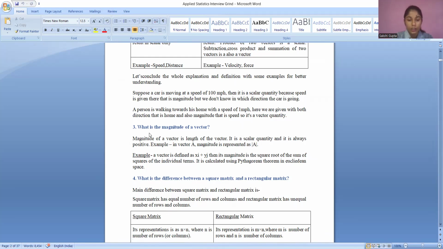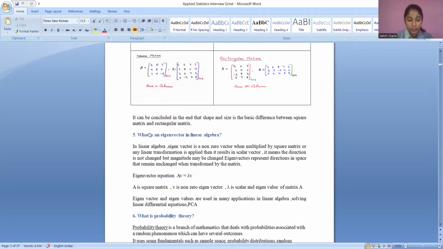A person is walking towards his home with a speed of 1 mph. Here we have both direction, that is home, and also the magnitude, that is speed, so it is a vector quantity. Now moving to the next question.